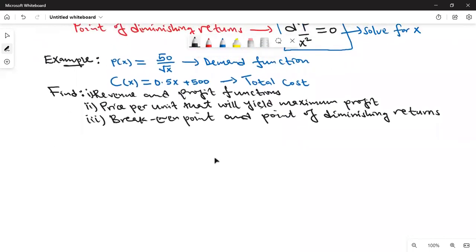First of all, we need to know what is the revenue and profit. So you can write here solution.